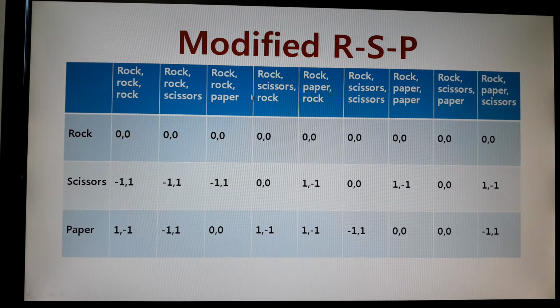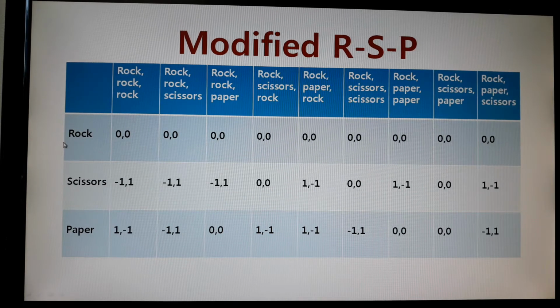I already mentioned, in this case, Bill's strategy should be a conditional strategy, or has a contingency, which means: if Tom plays rock, what would I do? If Tom plays scissors, what would I do? If Tom plays paper, what would I do?